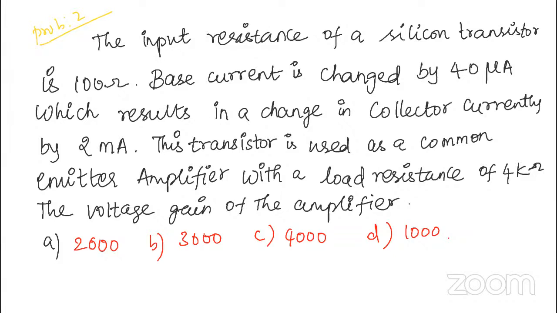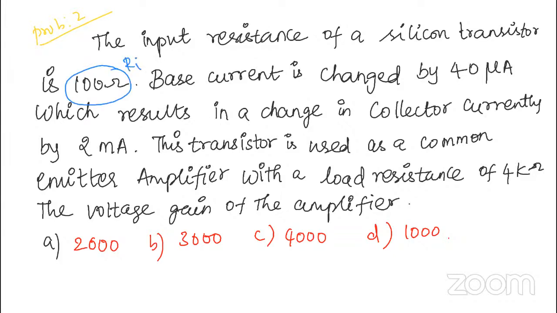Okay, so first look at what values are given. From these values, let's see how to find the voltage gain. So here they have given the input resistance value, right? That is Ri.